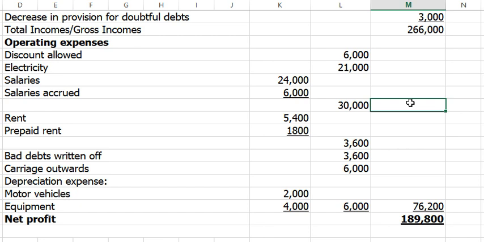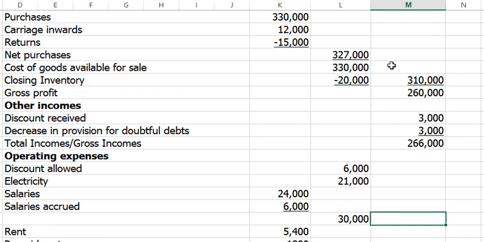In this case, we see that the business is making a profit. So what you need to learn is the format of how to come up with this statement of profit or loss, or income statement. So that is it.